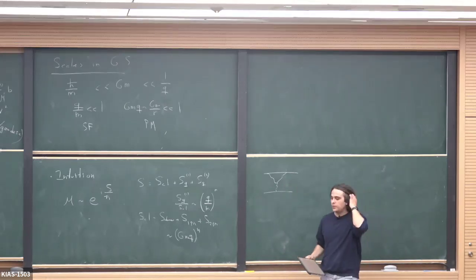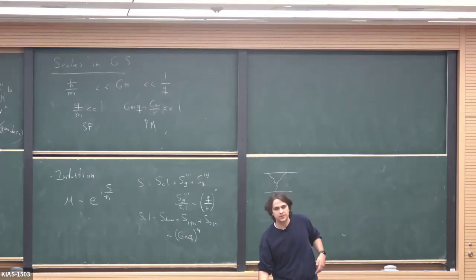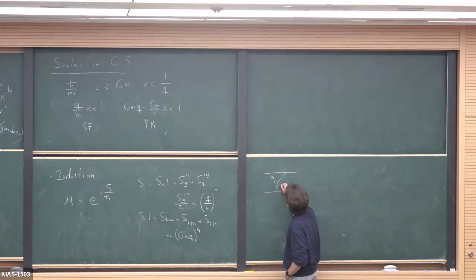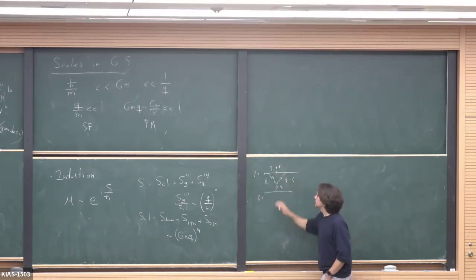And we want to identify which pieces of these are interesting and which are not for this classical dynamics. Okay, so let me just give it some labels. So this is going to be Q, this is L, Q minus L, P1, P2, right? This will be P2 plus L.